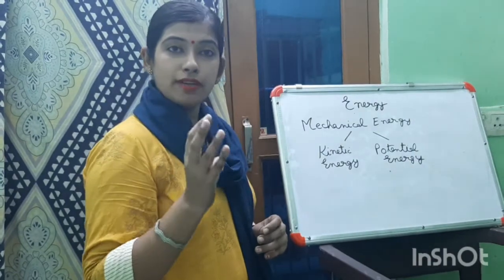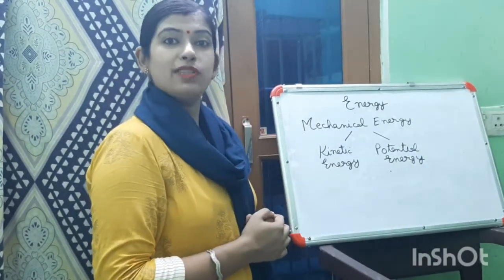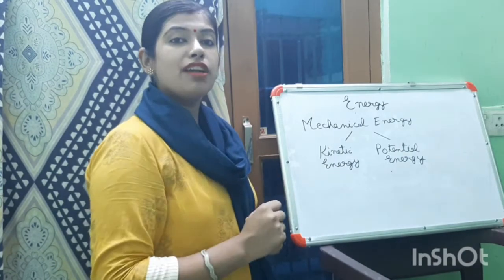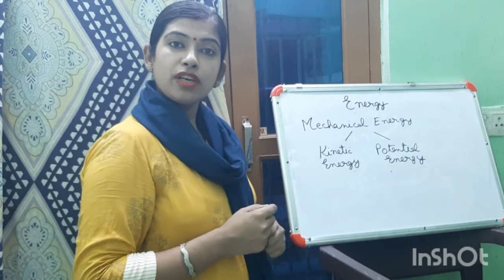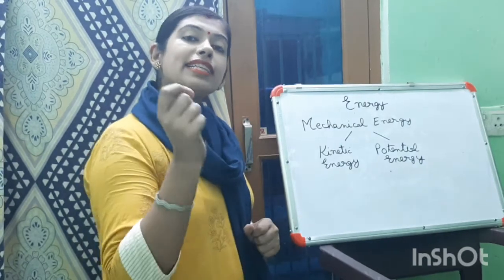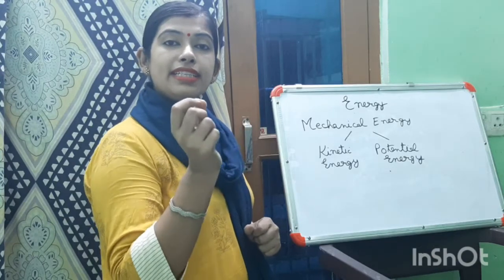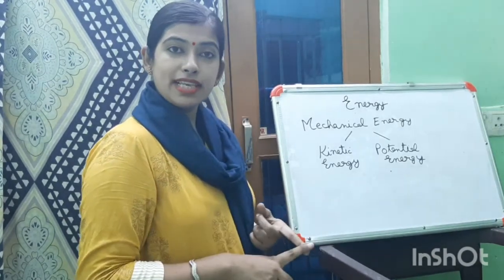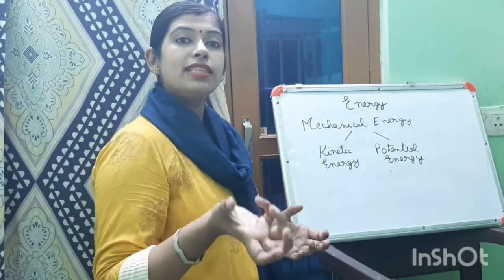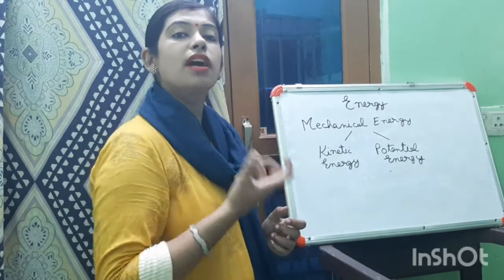Energy के जो units हैं and dimensions हैं that are same as work done, means dimensional formula of energy is also ML²T⁻². SI unit of energy is also joule and the CGS unit of energy is the same as work done, that is erg. So energy and work done के dimensions same है, unit same है और energy simply क्या है? The capability or the ability to do some work.